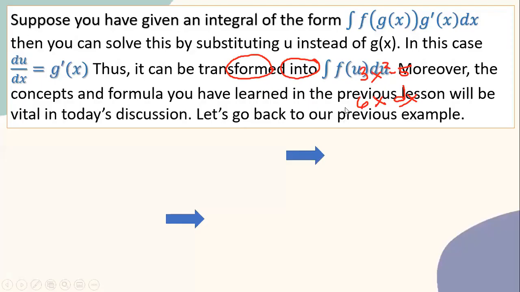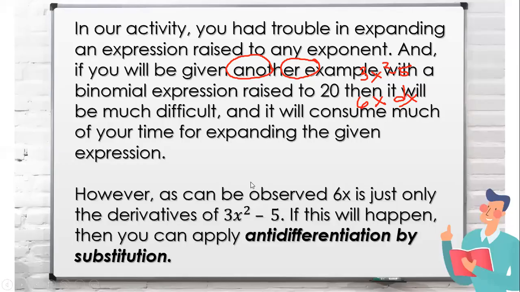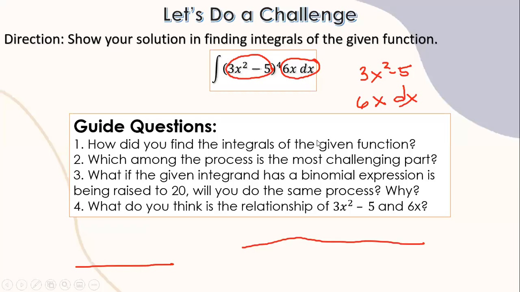So that is when we can use the anti-differentiation by substitution. Again, magagamit daw natin yung anti-differentiation by substitution by just examining kung yung magkasamang function ay derivative pala nung isa.